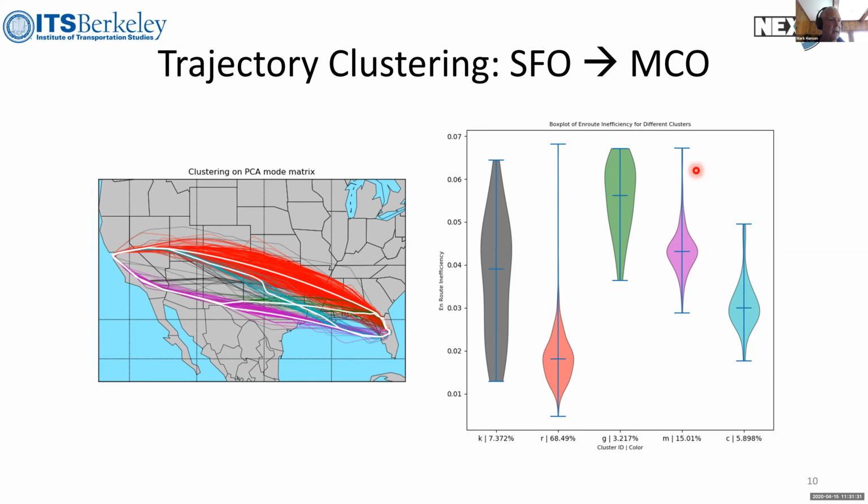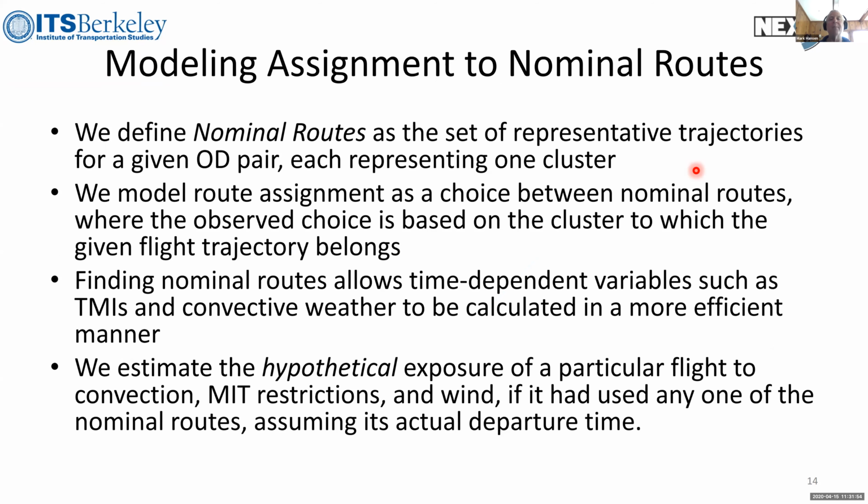We solve something called the row median problem to identify that particular trajectory. So it's kind of, if we were thinking of trajectories in 2D space, this would be the point in a given cluster that is closest to the center of the points in that cluster. So when we talk about nominal routes, that's what we're talking about. And we're going to model this assignment of flights to clusters as a model of assigning the flights to these nominal routes.